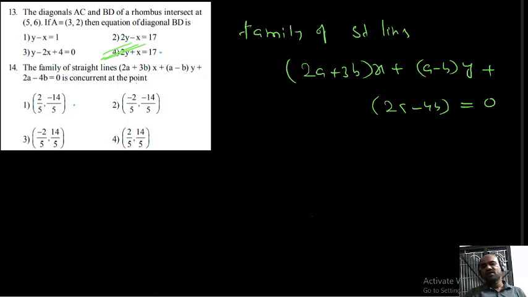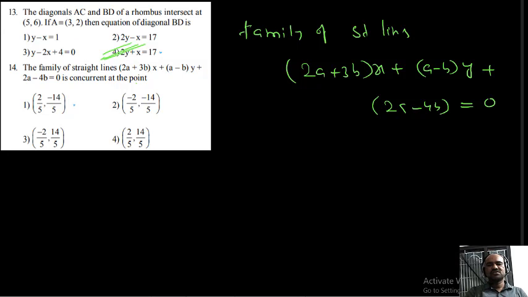We want to find the point of concurrency of this family of straight lines. First of all, you want to convert the lines in the form of lambda 1 L1 plus lambda 2 L2 equal to 0. L1 means in the form of a1x plus b1y plus c1 equal to 0, and L2 means a2x plus b2y plus c2 equal to 0 form.